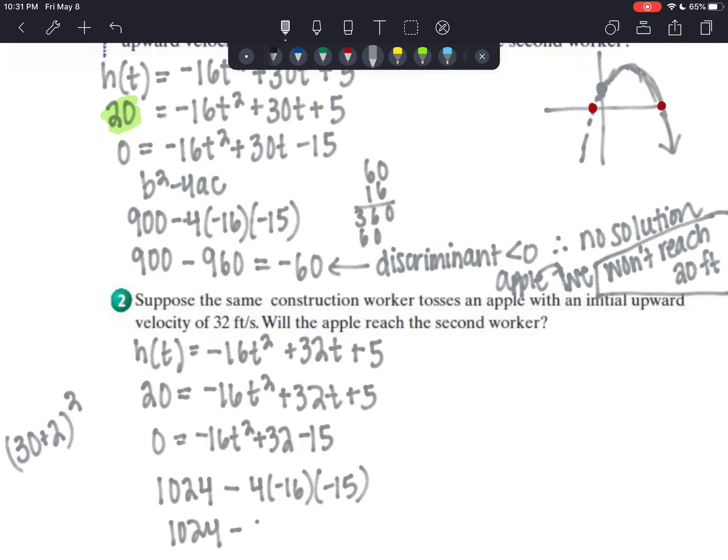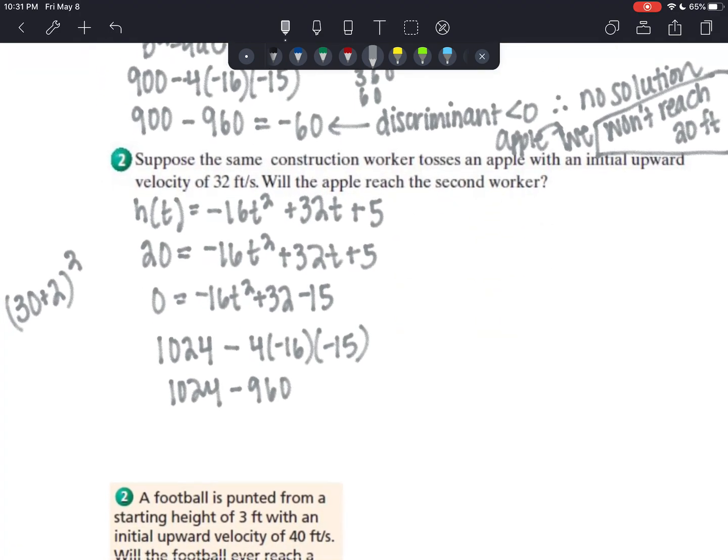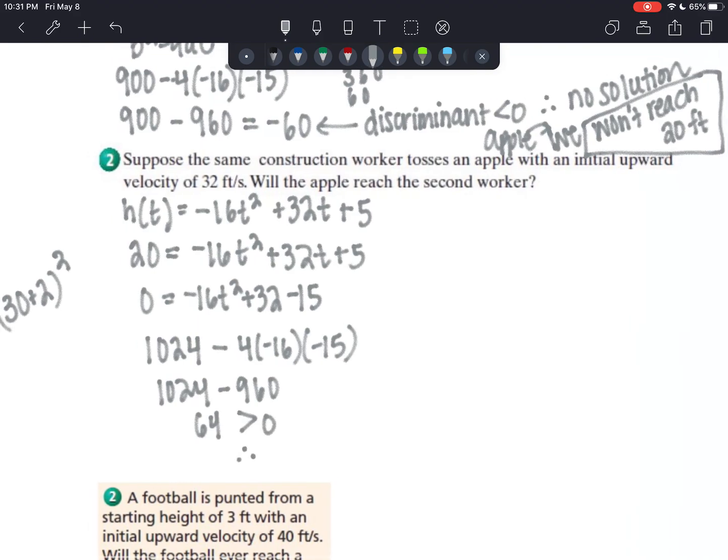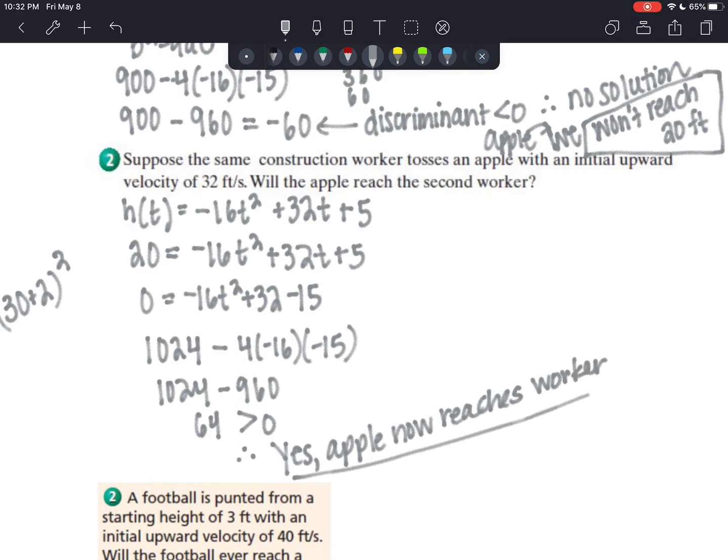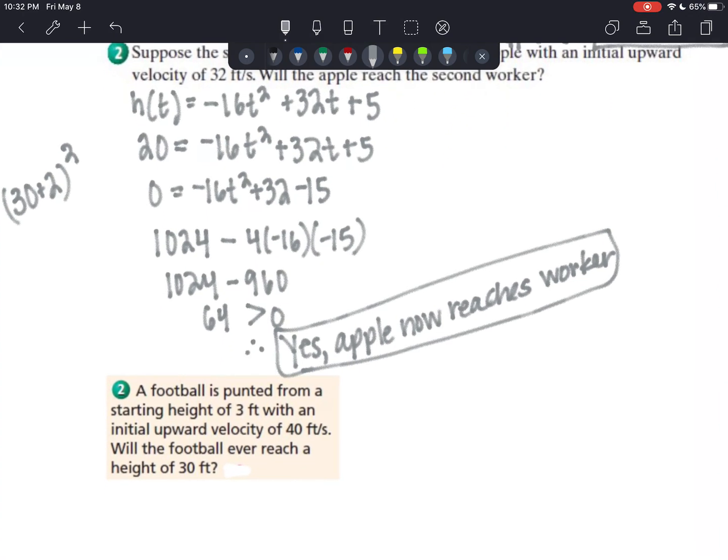So 1024 minus 960 is a positive number. It's going to be 64. That's greater than 0. Therefore, yes, the apple now reaches the worker. Ta-da! Yay!